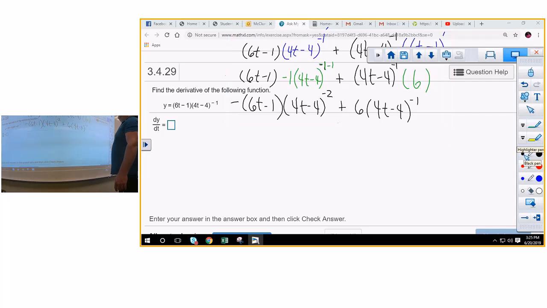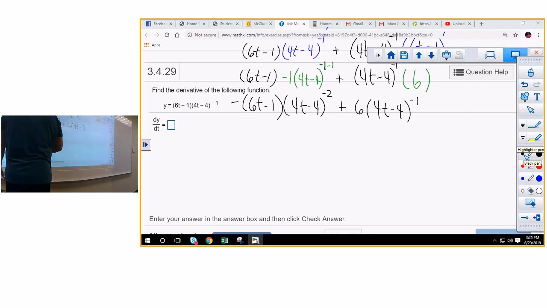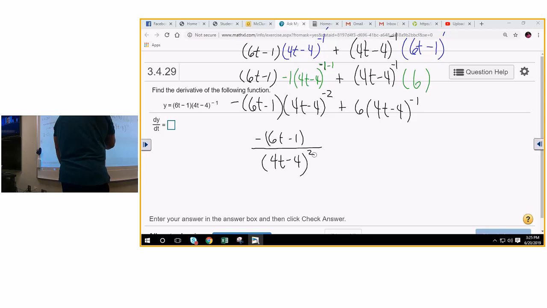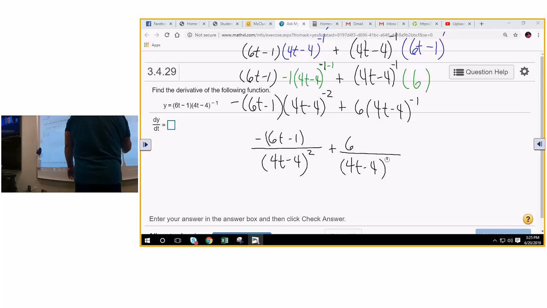So now we got to get a common denominator. So it's going to be negative (6t minus 1), and I'm still going to put parentheses around that, over (4t minus 4) to the second power, plus 6 over (4t minus 4) to the first power.